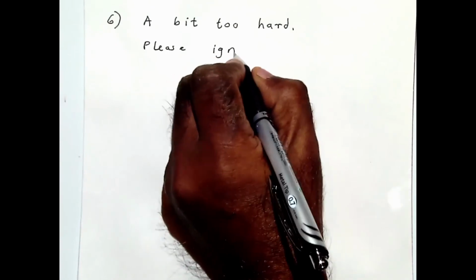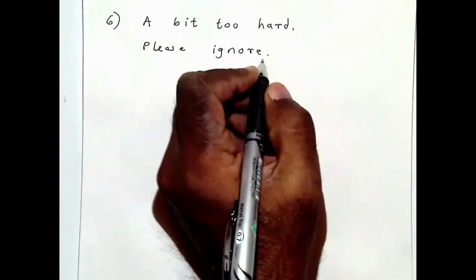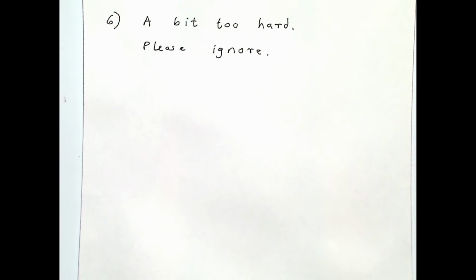But I will not ask you anything similar or close to being similar to question 6 in the exam or the test. So for the moment, for this course, you can ignore question number 6, right? So I will move on to the next one, which is the last question in sheet number 2. Is question 7.